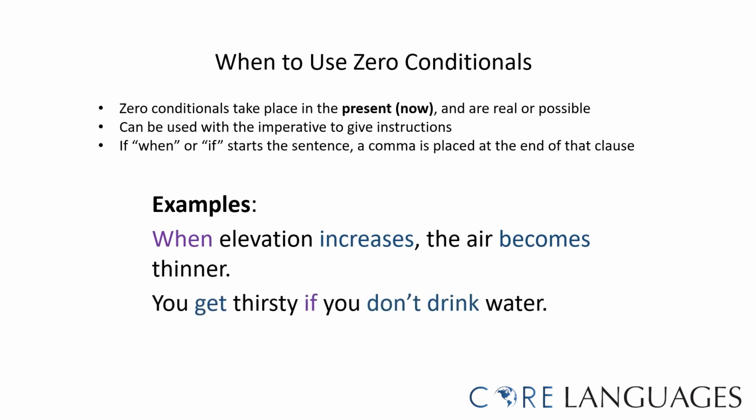You get tired if you don't sleep. In this case, we don't need a comma. If you get lost, call me. Call me is the imperative. We started with if, so we need to place a comma at the end of this clause. If you get lost, comma, call me.